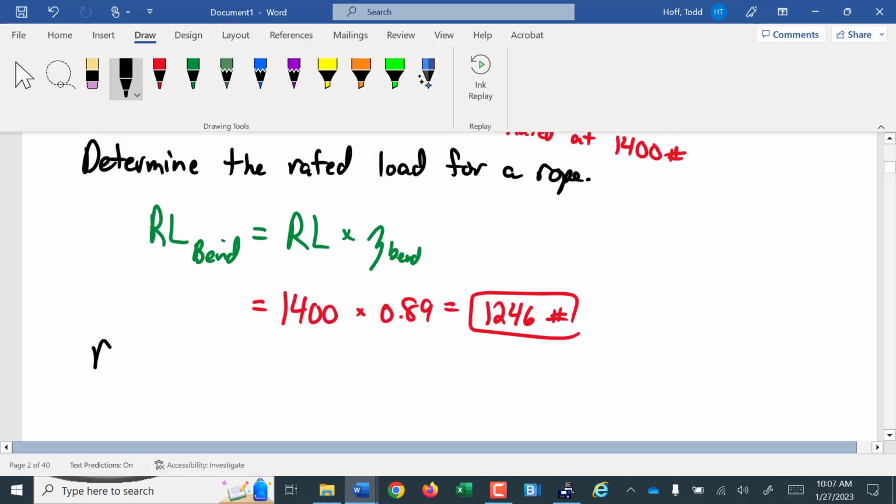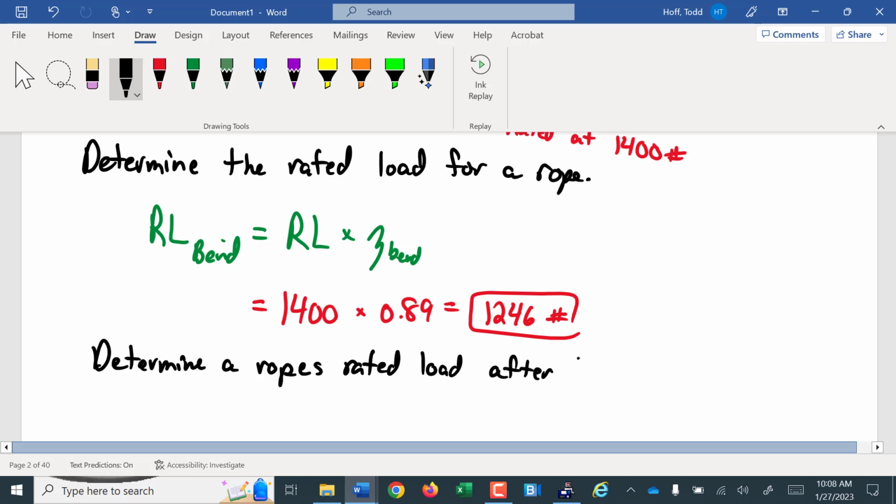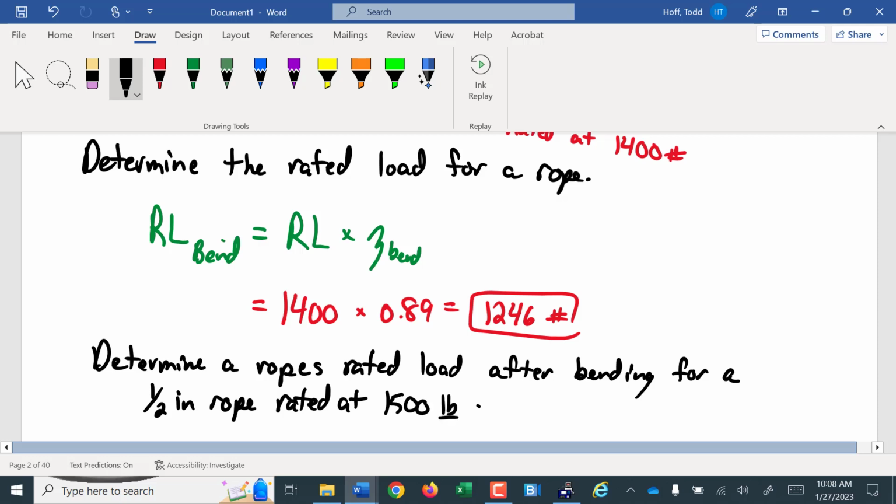So let's put this all together. We're going to determine a rope's rated load after bending for a 1/2 inch diameter rope rated at 1,500 pounds on a 5-inch pulley.